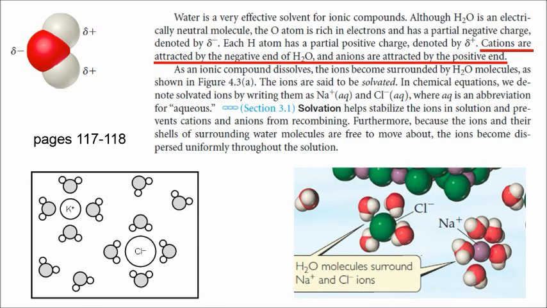In your textbook on pages 117 and 118, you can see that the cations are attracted by the negative end of water. So the oxygen portion of the water molecule should be pointing toward the cation, and then the anions would be attracted by the positive end of the water molecule, so the hydrogen portion should be pointing toward the anions. And we've seen these diagrams before.